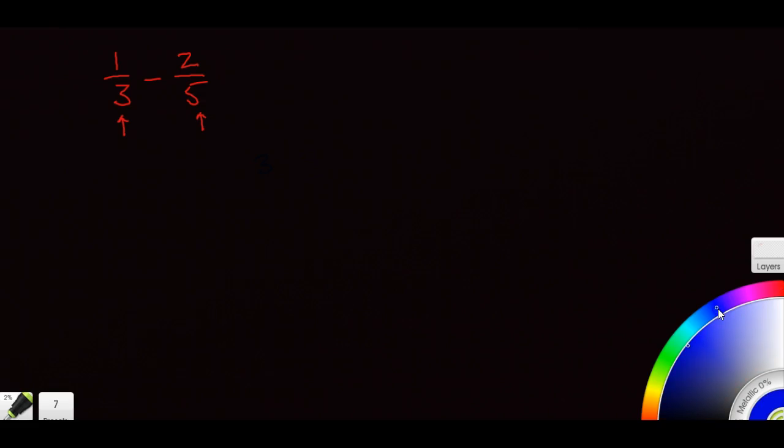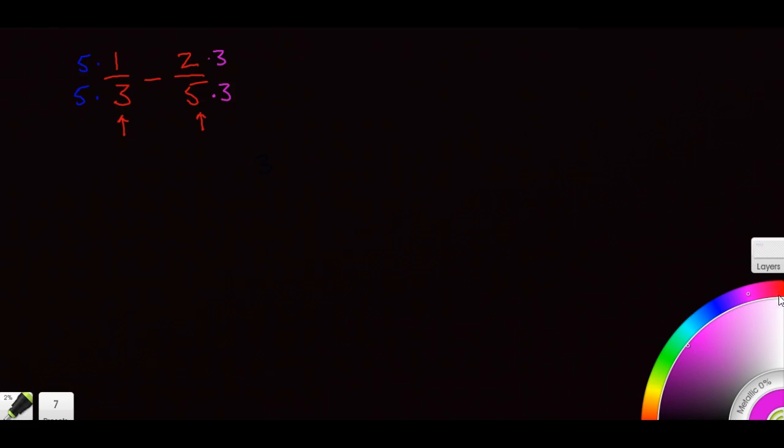So we have to ask ourselves, what is a product that 3 and 5 have in common? A multiple that they have in common is 15. So if I multiply 5 times 3, I get 15. What I do to the bottom, I have to do to the top. And on the other side, if I multiply 3 times 5, I get 15. What I do to the bottom, I have to do to the top.